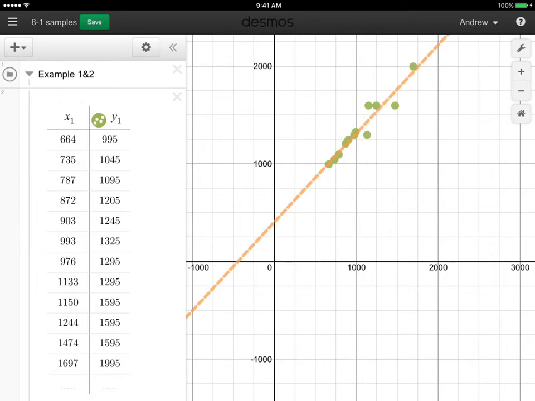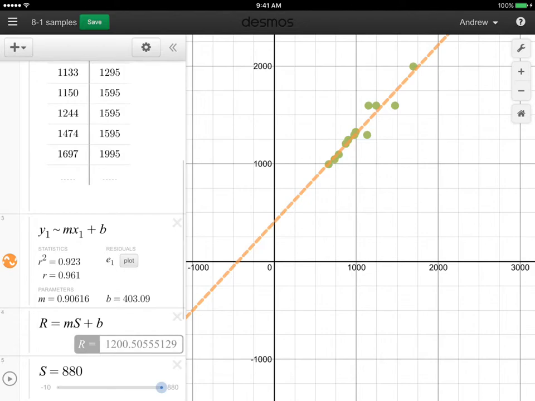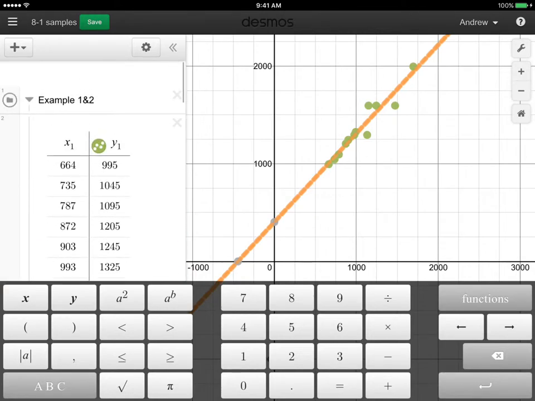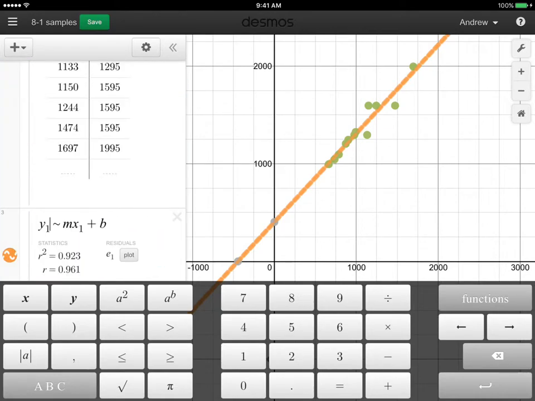Once you've filled in the table, you can also make a regression line. The regression line is this thing right here, y1 ~ mx1 + b. You notice that looks like the formula for a line, y equals mx plus b. What we do is we use y1 because that's what's in the table up here, that's my y variable, and we use x1 for the same reason.